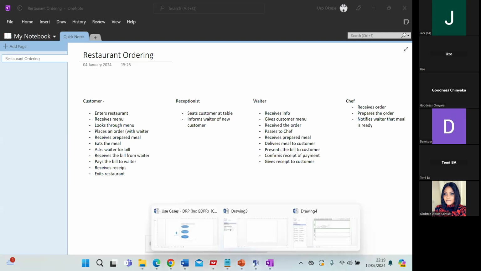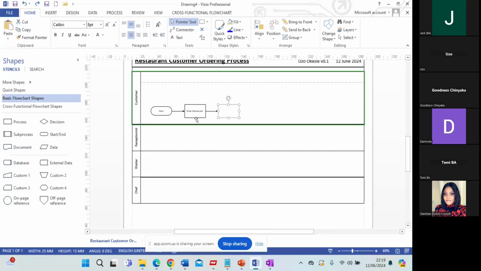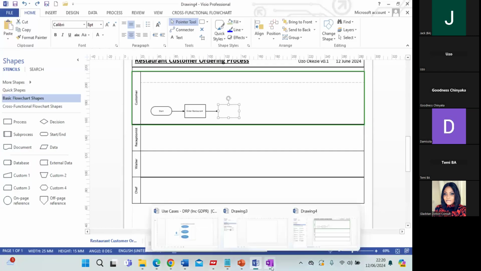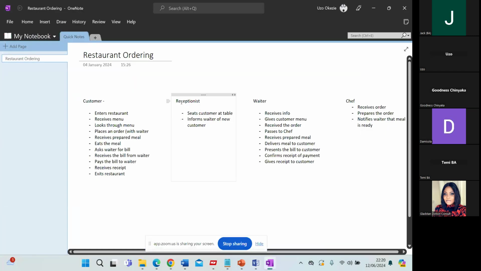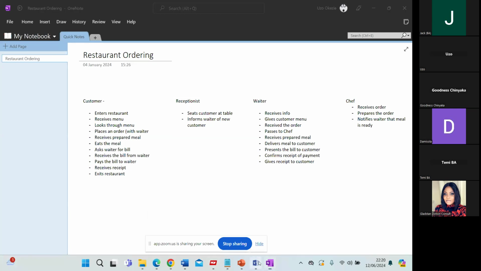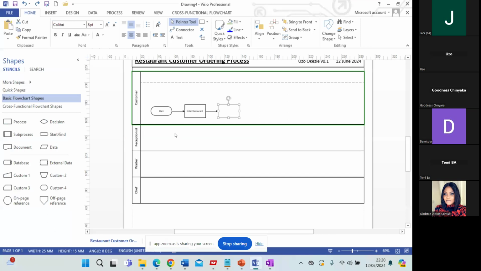So by the time we come here, you already know whose task this is. The customer enters into the restaurant and the receptionist seats customer at the table, so we know whose task this is. So that particular task needs to be in the right swim lane.